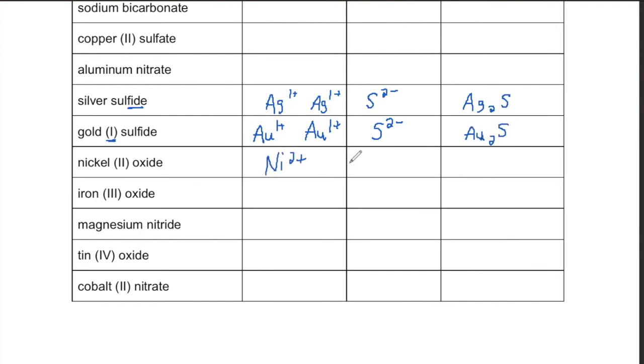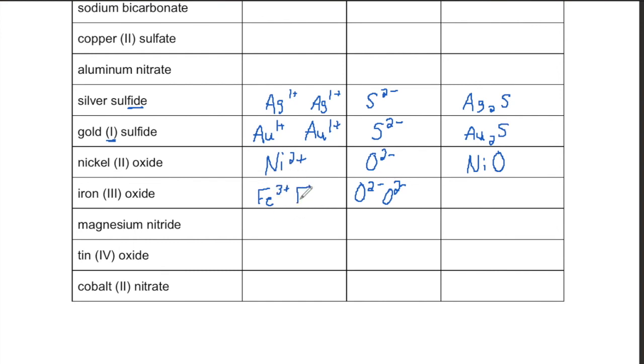Nickel 2 has a 2+ charge. Oxide has a -2 charge. So 1 of each works out okay. Iron 3 has a +3 charge. Oxide has a 2 negative charge. So this is not going to work with a 1-to-1 combination. We're going to need more oxide. This still is not good because now it's 2 negative.